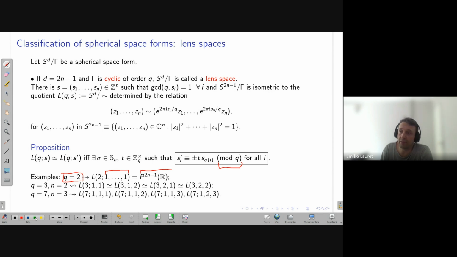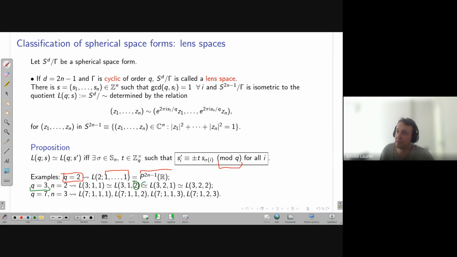Let's increase q, the number of elements of the cyclic group, to 3, for instance, and you have only one because these are all isometries. You put 1 and 1. If you put 1 and 2, remember you can multiply each coordinate by minus 1, but minus 1 is equal to 2 mod 3, so it's the same.